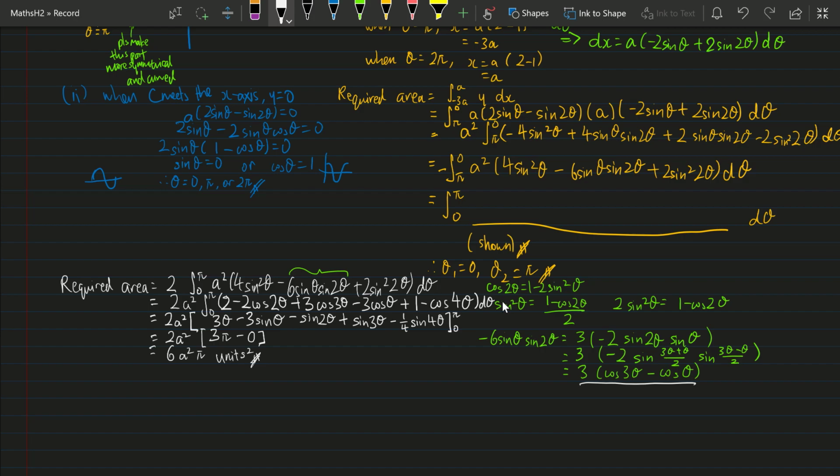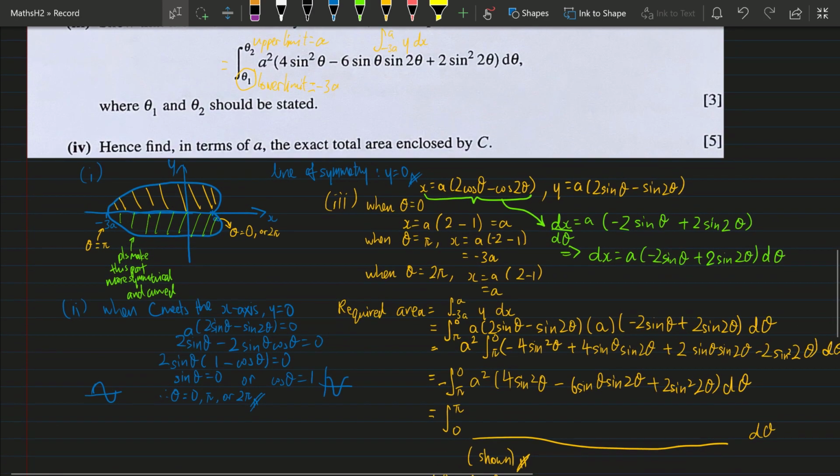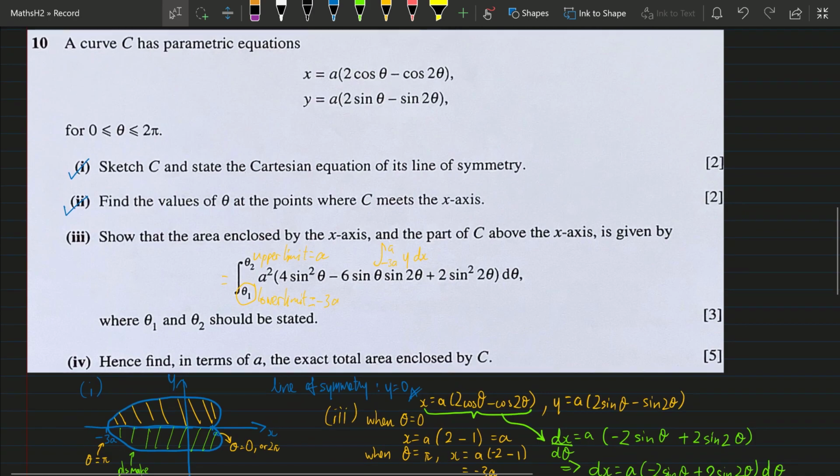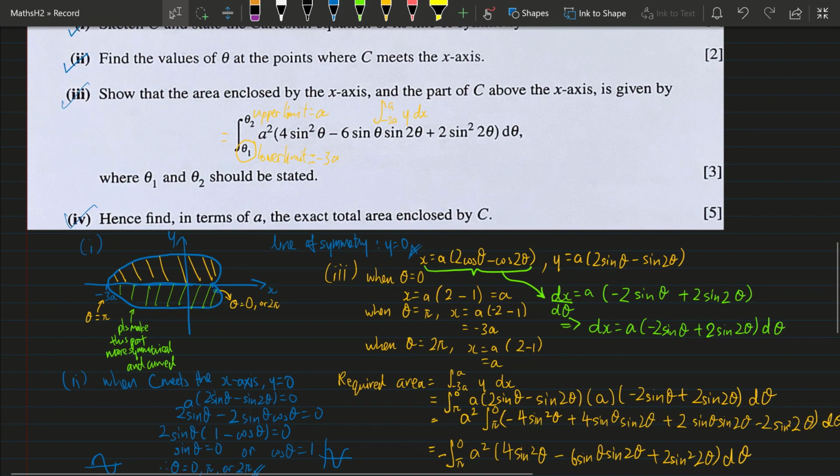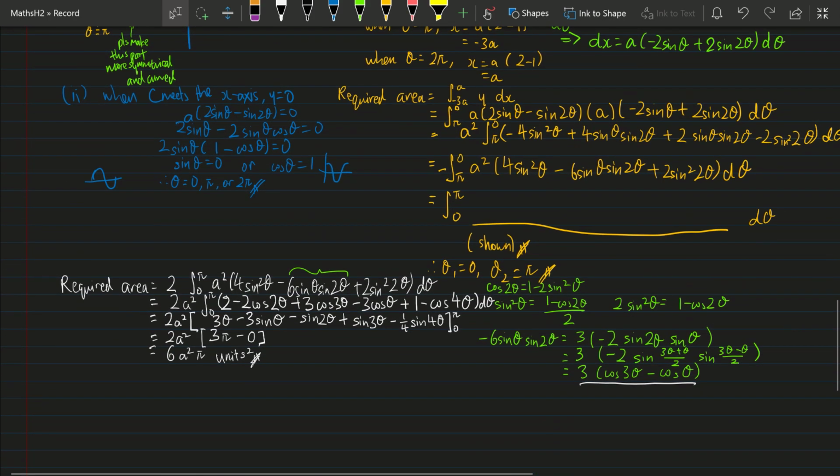I know this is kind of hard, but if you look at our working, this 5 marks wasn't that long compared to the rest. So now we've completed this question. So this got us 12 marks. Not too difficult, not too easy. Just have to think clearly. I think that's all I have to say for this question.